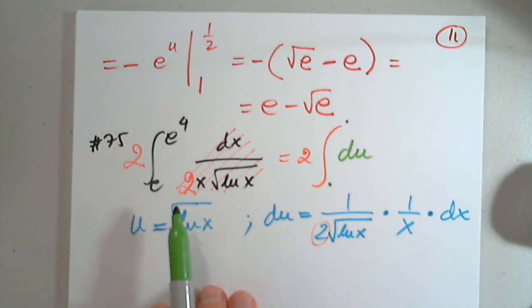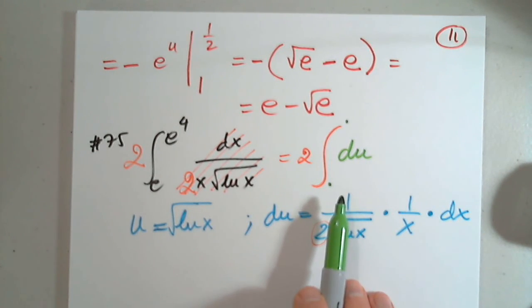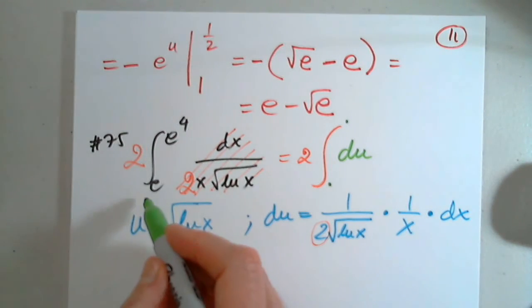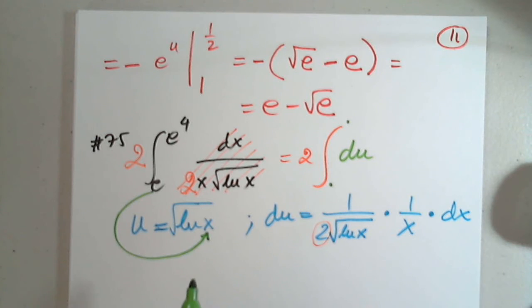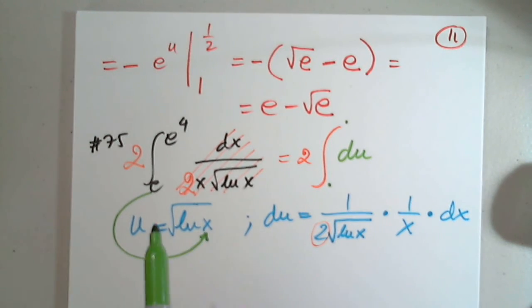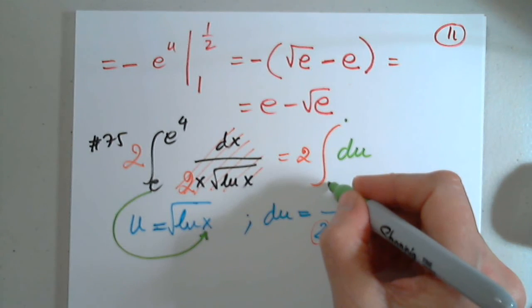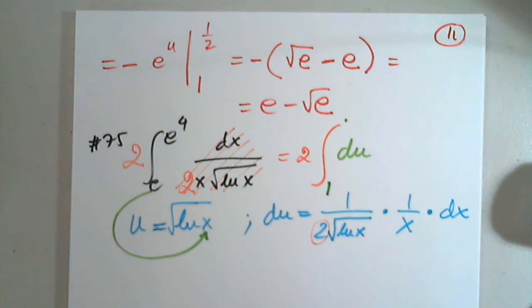I cannot write that these two are equal before I change the limits of integration. So if x is e, how much is natural log e? Is that 1? Good. How much is the square root of 1? 1. Thank you very much.